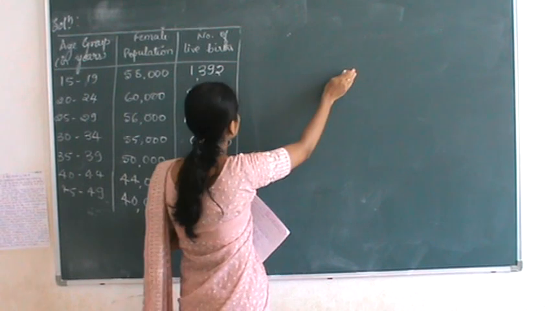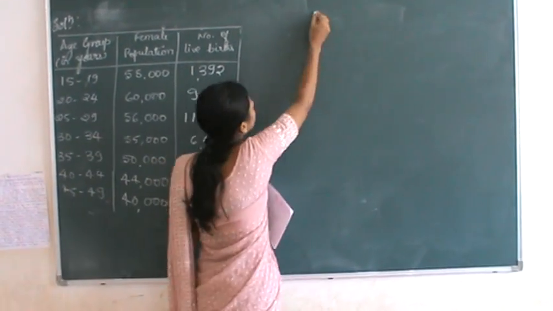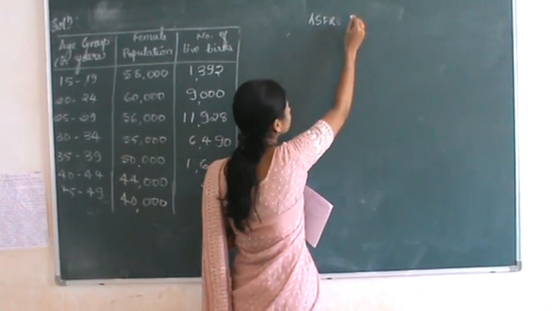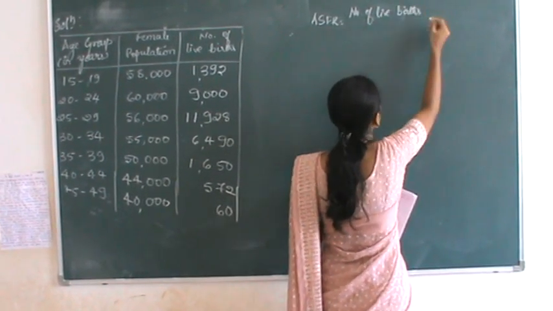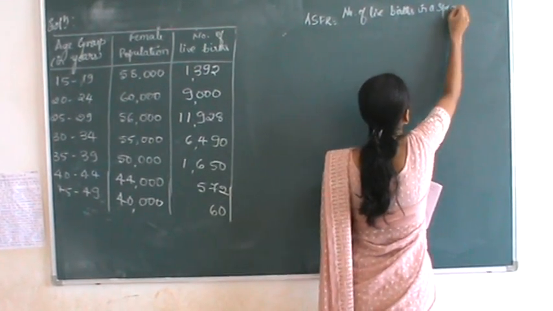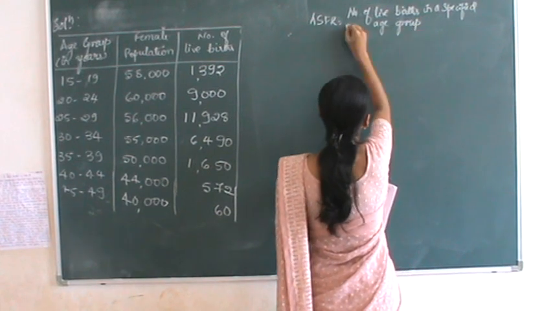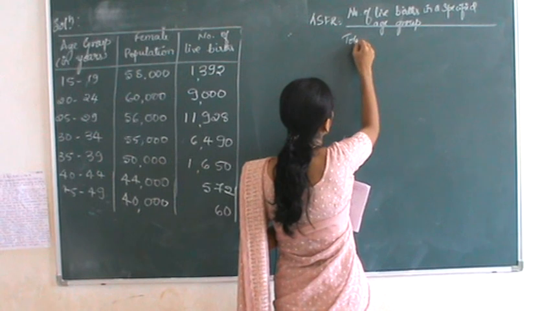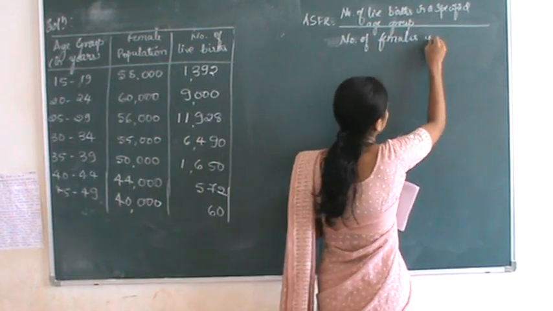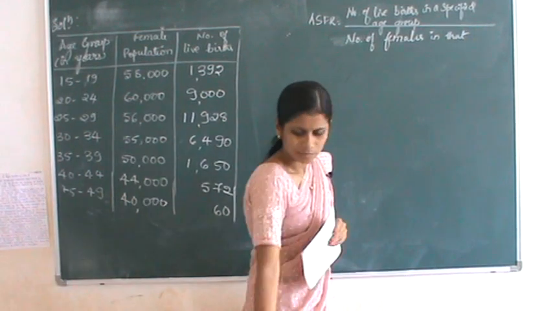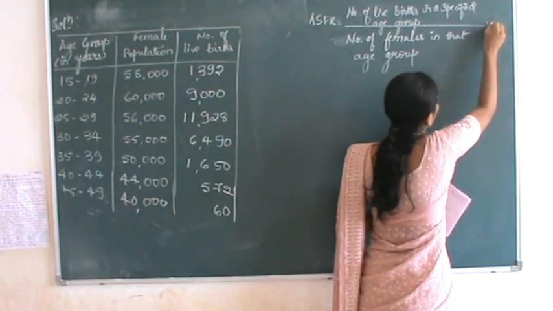Now I will write the formula of age specific fertility rate. ASFR is equal to number of live births in a specified age group divided by total number of females in that age group into 1000.